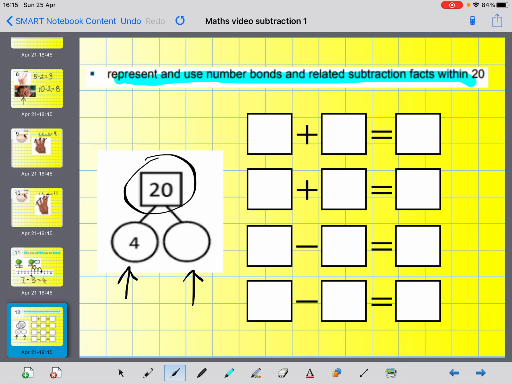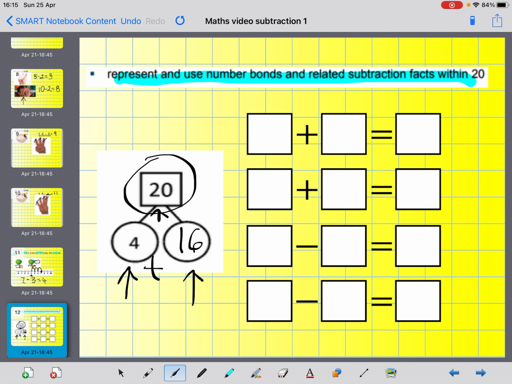If I know that 6 add 4 makes 10, that was one of the number bonds to 10, but here it is 20, so I need to add another extra 10 to make my answer correct. So I know 4 add 16 makes 20.